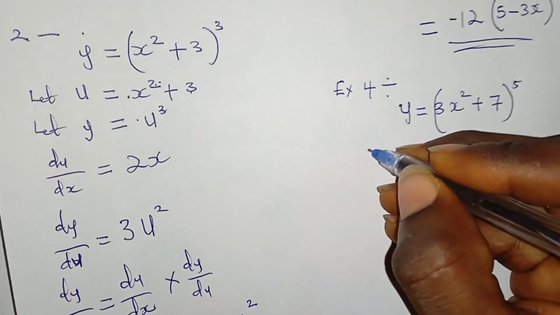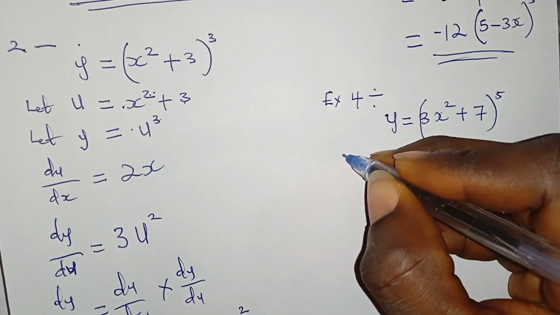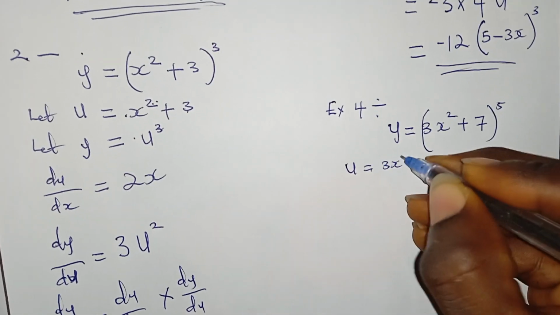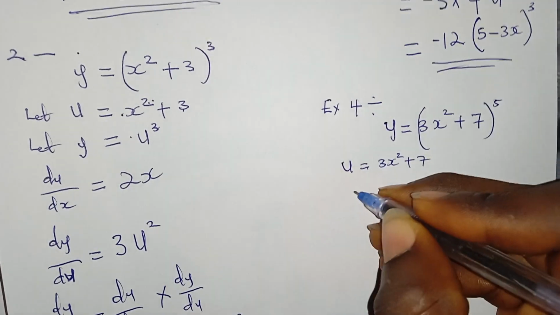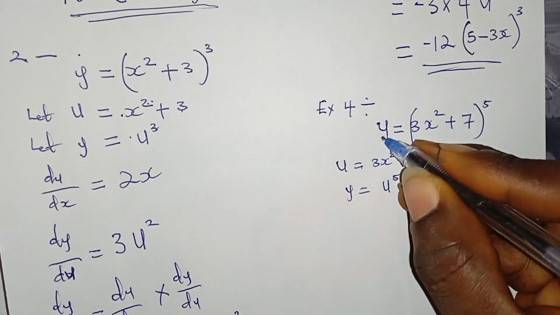Now first of all, look at this. Remember that your u is always the 3x squared plus 7, the one inside. y is equal to u raised to the power 5 in this case.